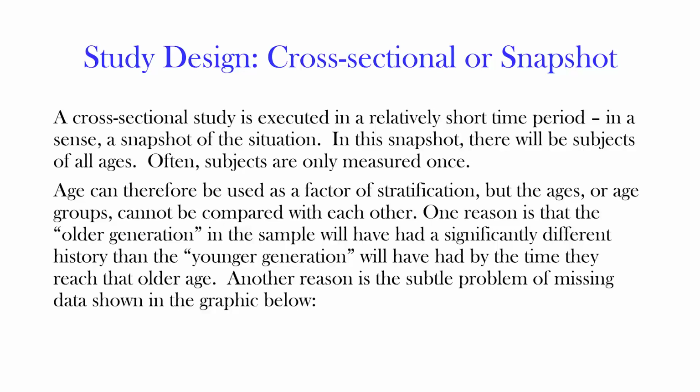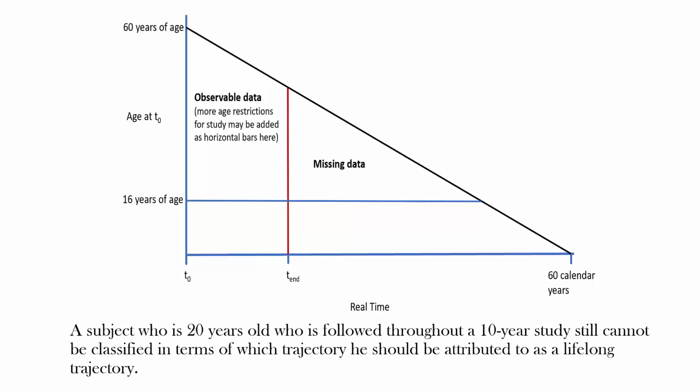So here's another graphical depiction: I have some time t0 where I start my study and observe data. At that point, the younger people on the vertical axis, 16 years old, are not going to have the same experience as those people who are 60 years old at time 0.